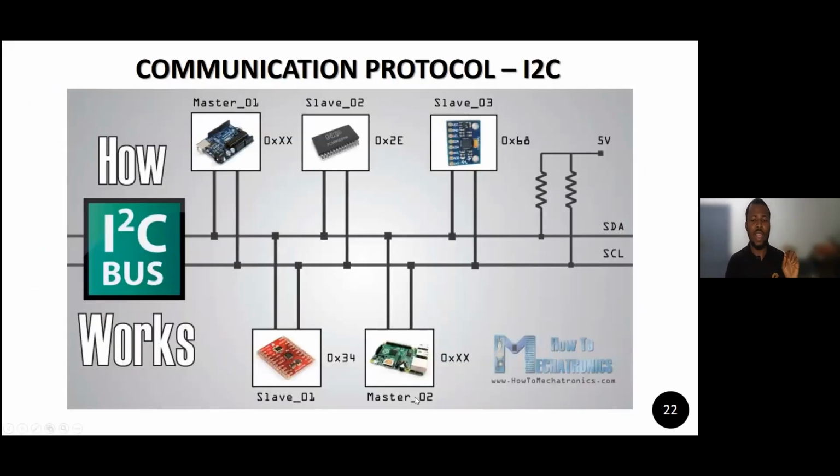We have the SDA and the SCL, which on the Arduino Uno would be the A4 and A5 lines, and all your other devices just connect on this same line. They don't have to take any extra pins. So this is why the I2C communication protocol is great. Connect many things and still use only 2 pins.